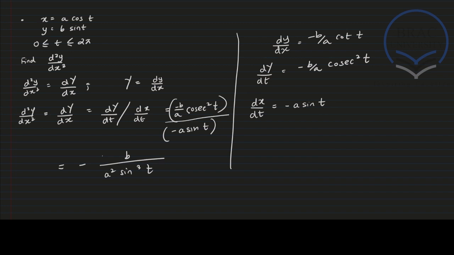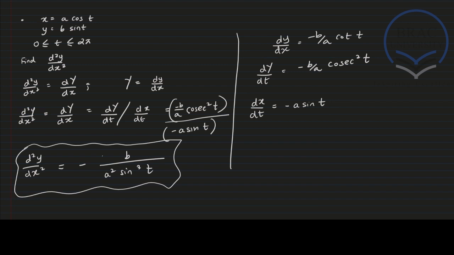This is the final expression for d squared y by dx squared. So I'm going to write it here. We get d squared y by dx squared to be this expression, which is what the question asks us to find.